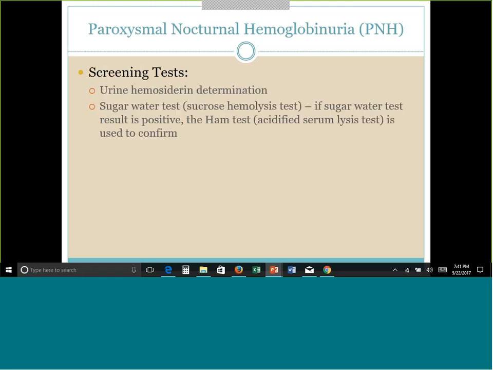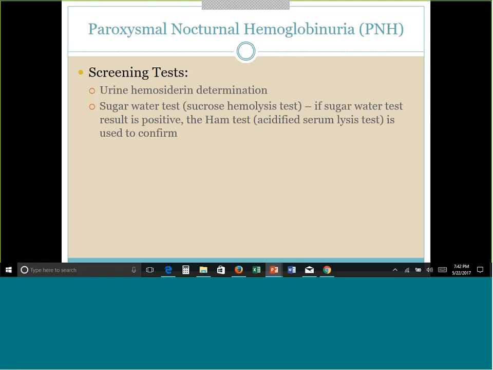So once you see all that and you have a thought, there's some screening tests that can be done that the doctor can order. The first is called a sugar water, or you can call it sucrose hemolysis, so sucrose for sugar test. If that is positive, then there is the Ham test that they use to confirm. Now, I've heard a lot that they don't use that test very much anymore. It's kind of gone by the wayside.